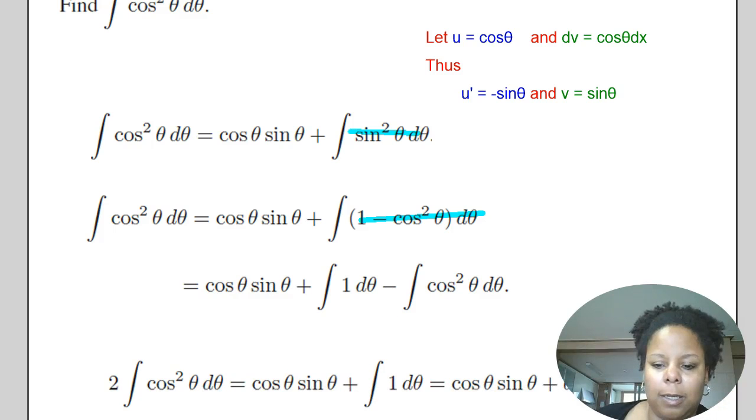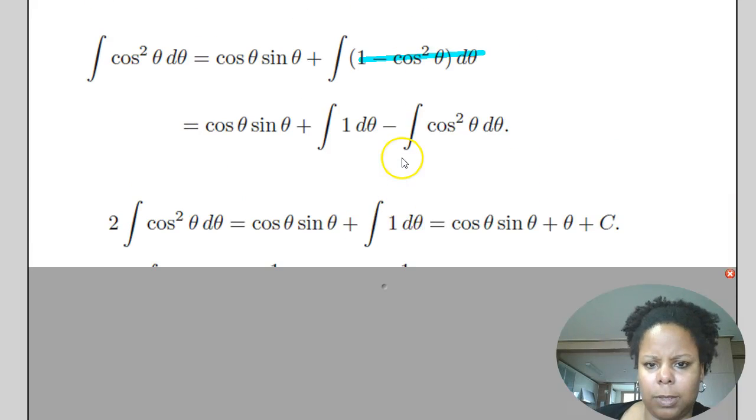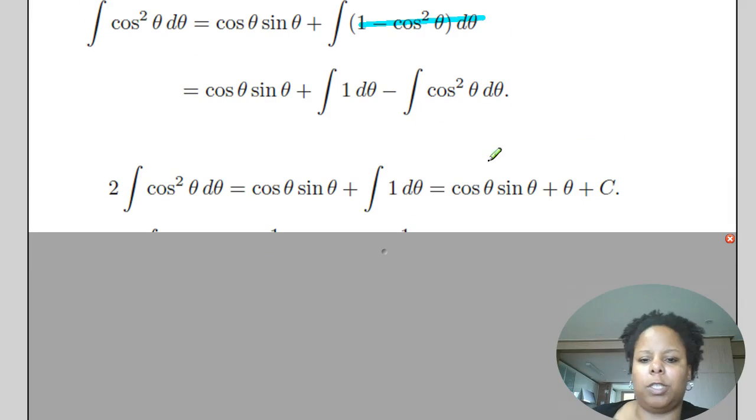And then we end up with cosine theta sine theta plus theta. Oops, sorry. So we end up with something like this, which is the result of this. But then we say, look, we end up with another cosine squared theta. Well, we started off with an integral of cosine squared theta.